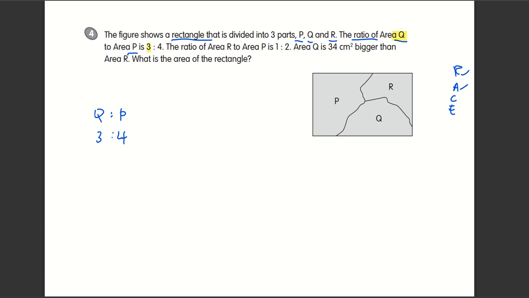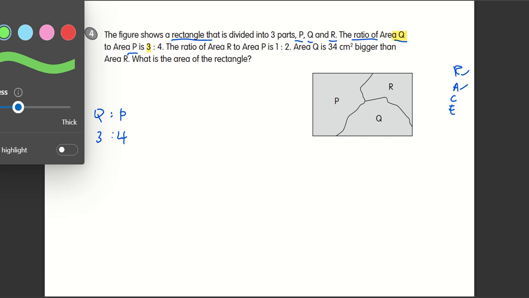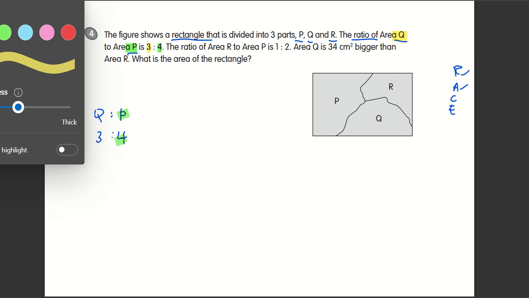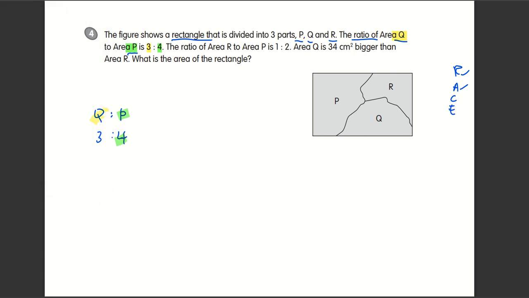Q is 3, P is 4. So make sure it tallies, P and P, Q and Q.